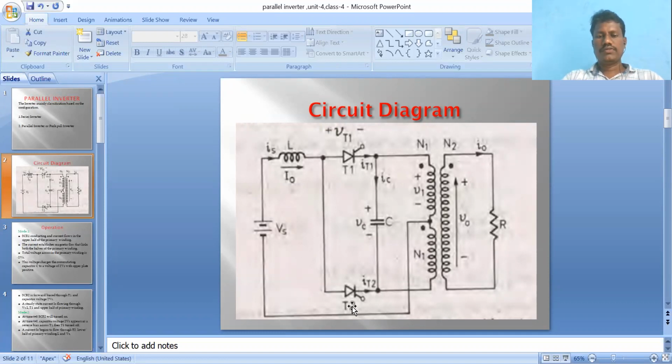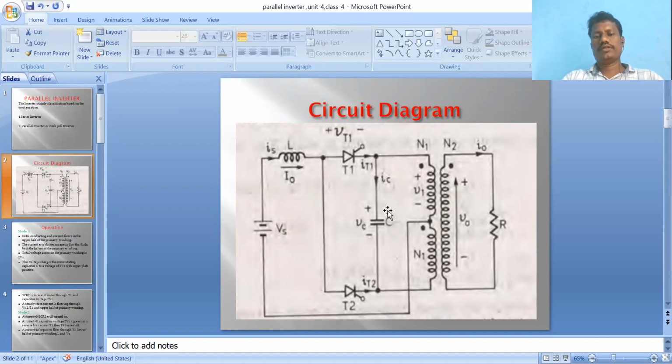Suppose T2 is in the on state; by giving firing pulses to T1, the capacitor voltage is presented across T2. Due to that capacitor voltage, T2 automatically turns off. That is the reason why complementary commutation is present in this parallel inverter.